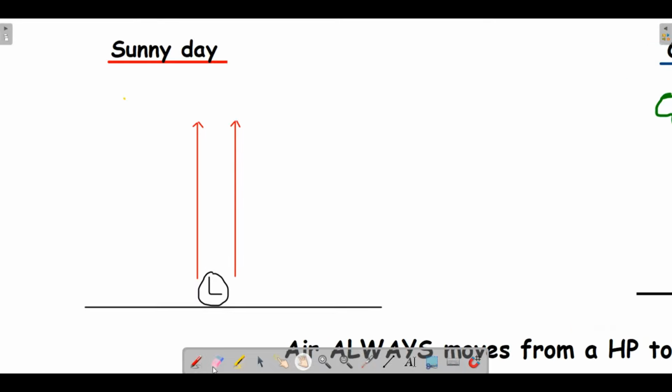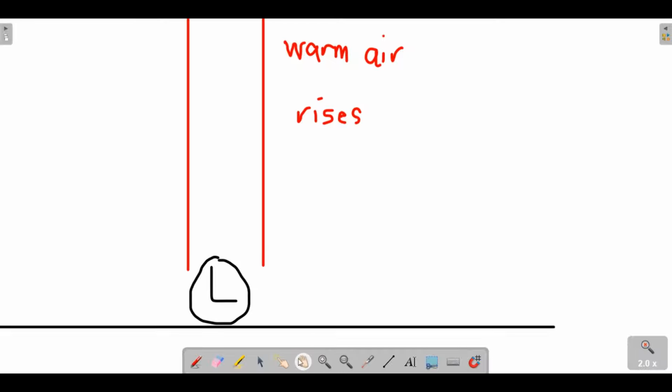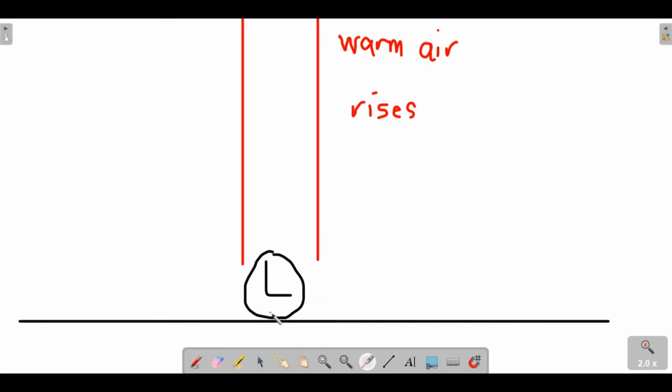So now you have warm air rising up. It rises up because it is less dense, guys, right? Now this means that right over here, there is a void. Someone needs to fill this up, because the air that was here has now risen up. And so now you're going to have air particles from relatively higher pressures moving towards this low pressure.